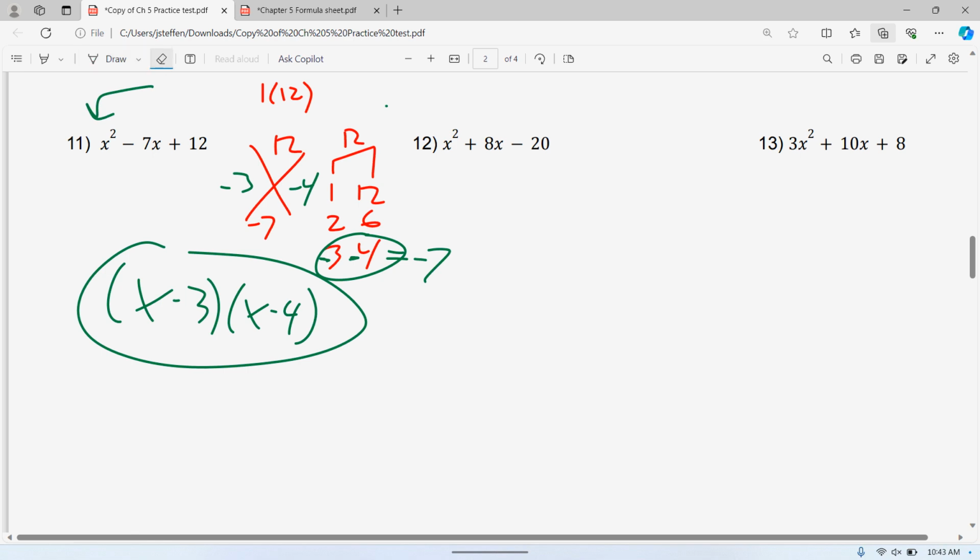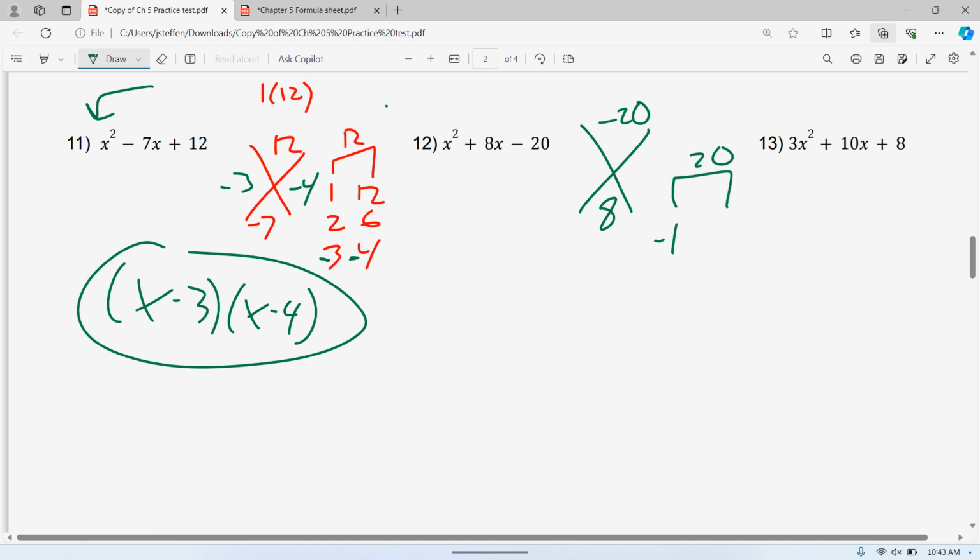Let's look at number 12. We have negative 20 on top. Factors of negative 20. Negative 2 and 10, negative 4 and 5.